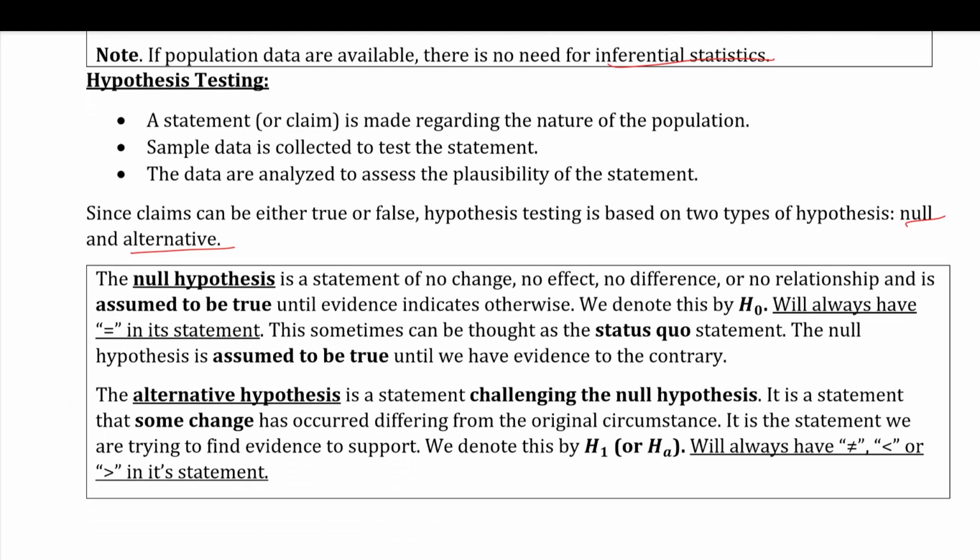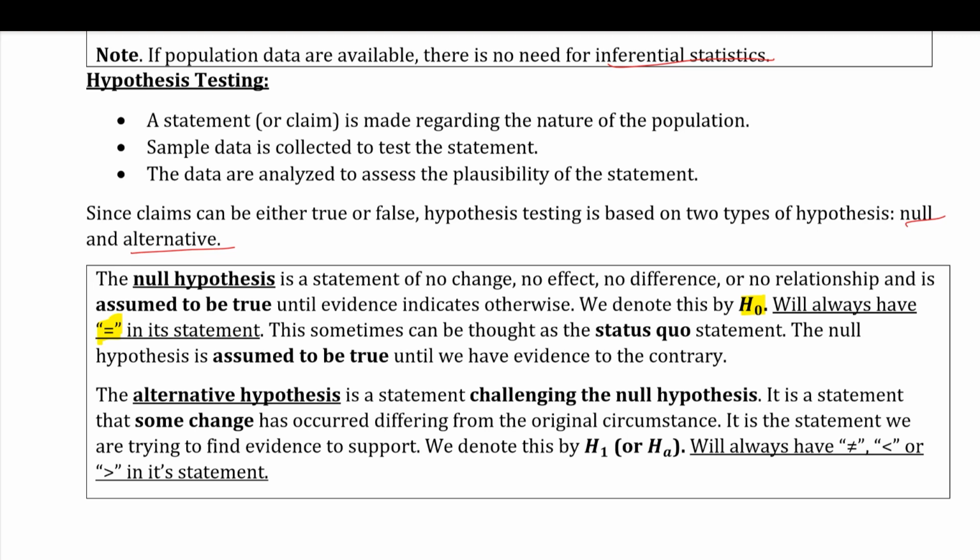So the null hypothesis is a statement of no change, no effect, no difference, no relationship, and it's assumed to be true until evidence indicates otherwise. Okay, we denote this with this symbol, H sub 0. Null typically means 0, so null hypothesis. We always have the equal symbol in this statement.